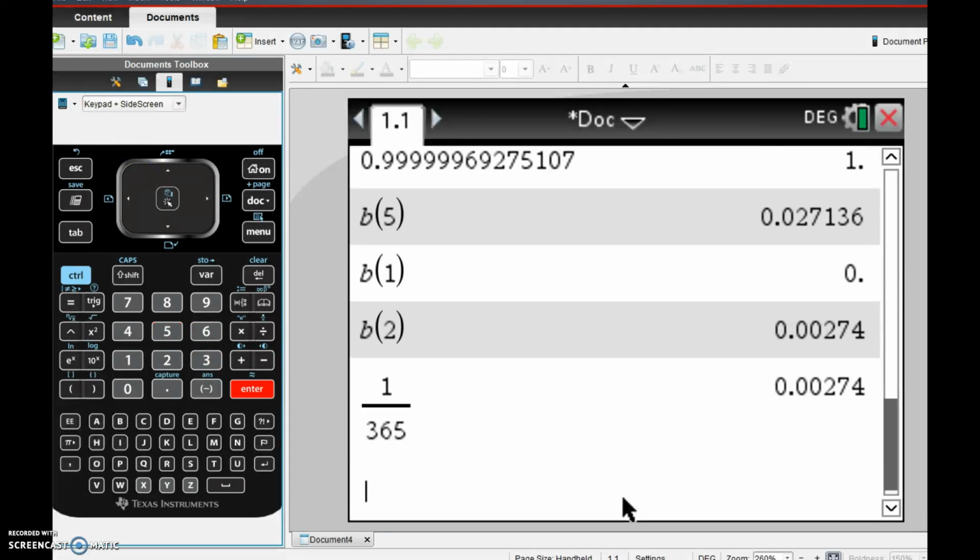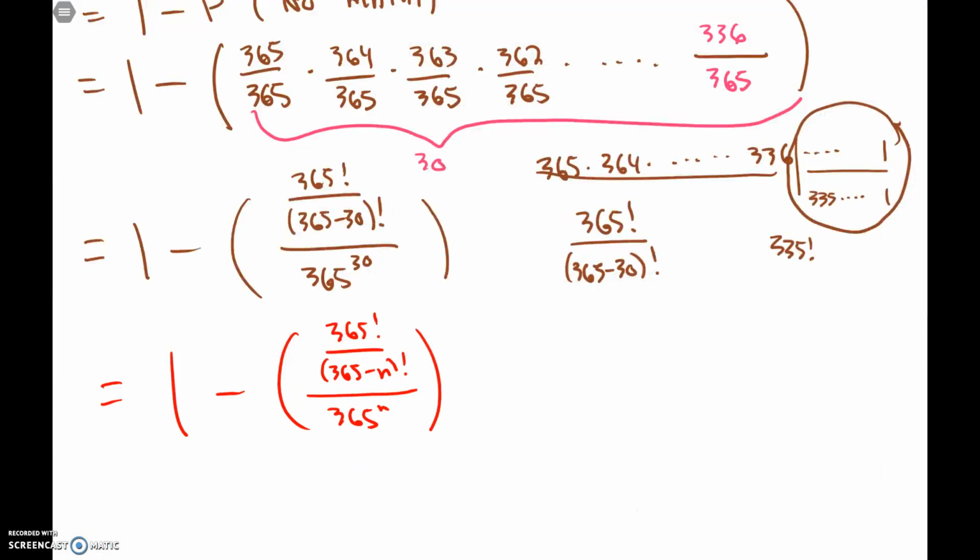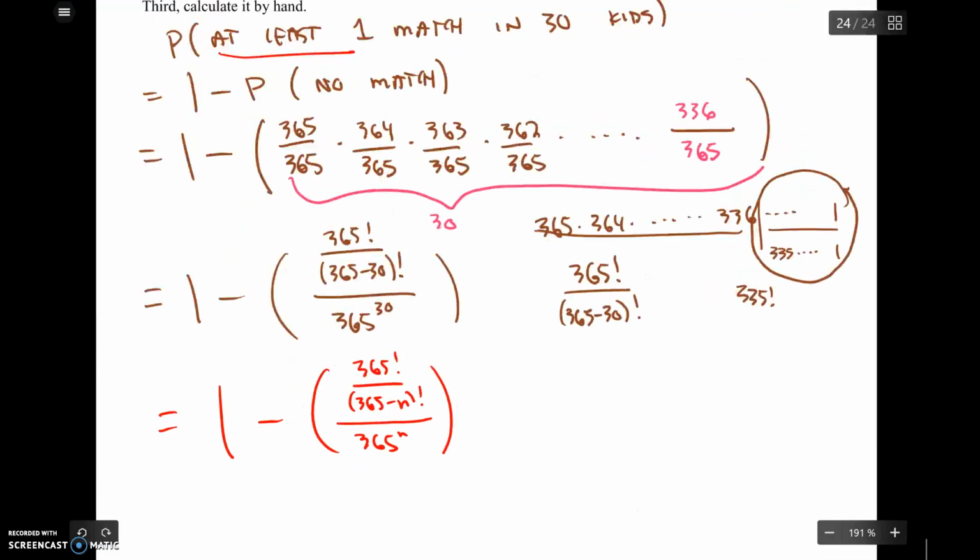Yeah, see, the probability that 2 kids' birthdays match, there's going to be a 1 in 365 chance of that. 50 kids, chances are going to be really pretty high. 97%. 50 kids in the classroom, 97% chance you're going to match. If you don't believe it, I don't know what to tell you. You should. That's true.